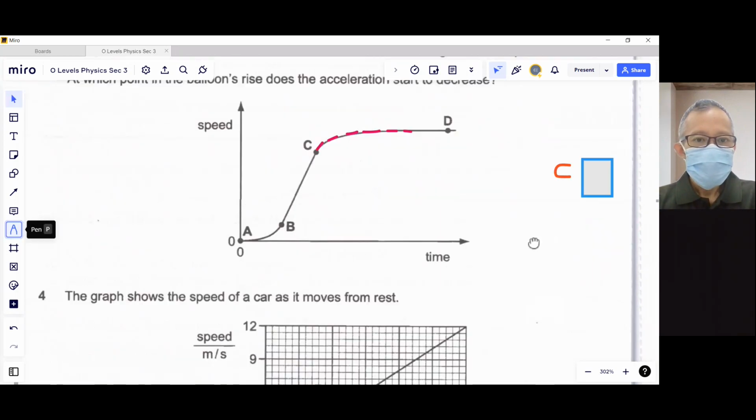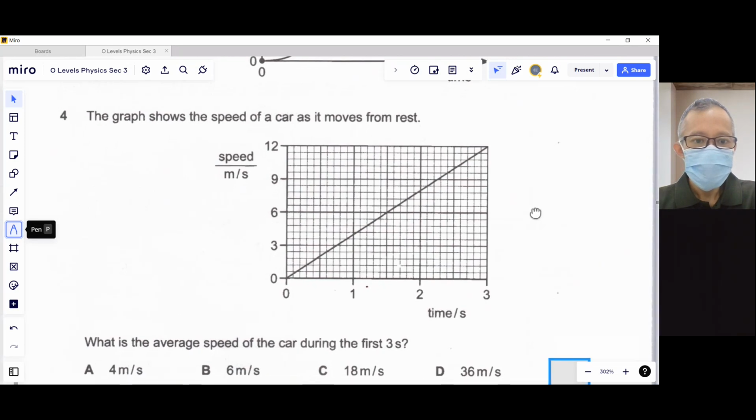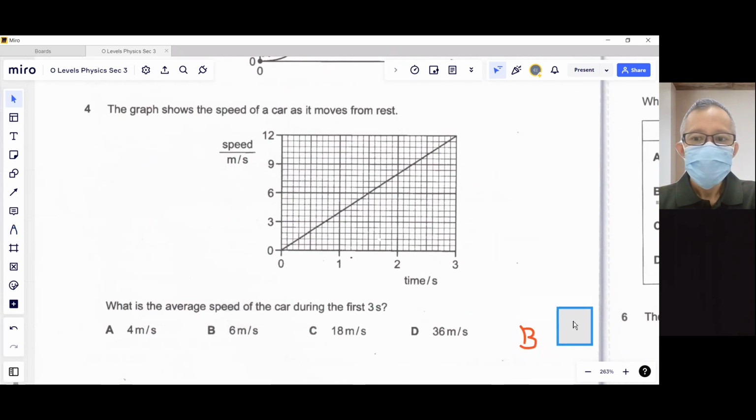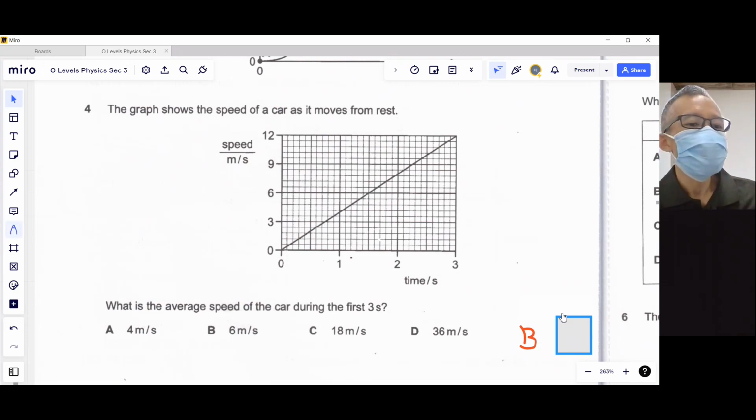Number 4. Okay, move from rest. What is the average speed? Everyone? Okay, guys, this one is tricky. Actually, there's one formula that I missed out because it's a primary school formula. Devan, what's the average speed formula?